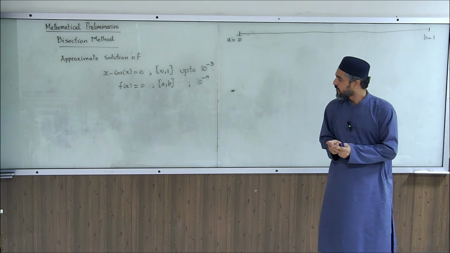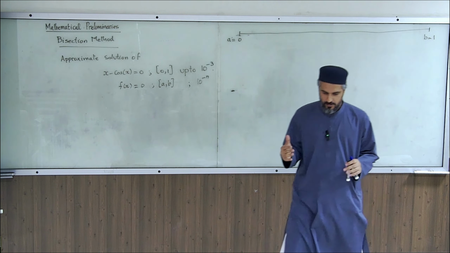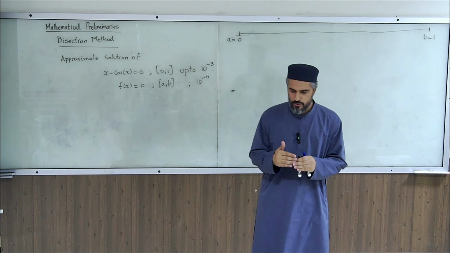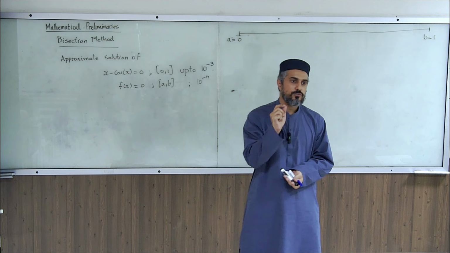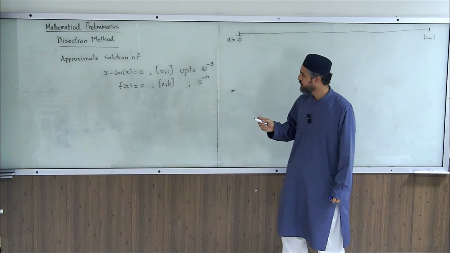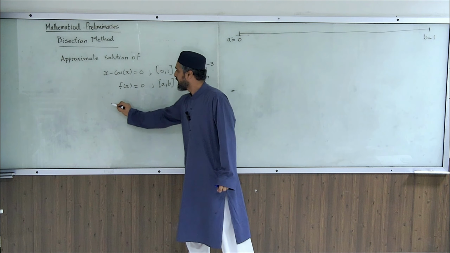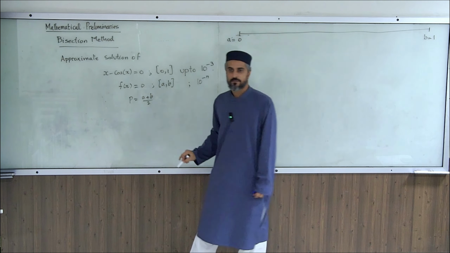So the first intuition is that since we need to go towards a solution and it lies between the interval a and b, maybe it is the midpoint of the interval, because the midpoint is a point which is connected with both the points. So the bisection method says, let's try to find the midpoint of a and b.